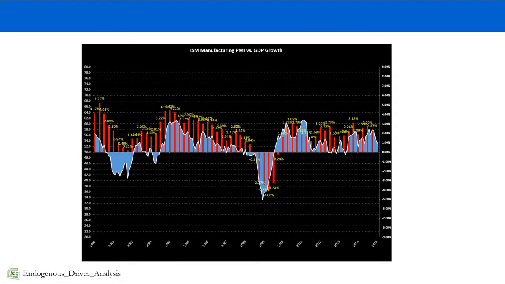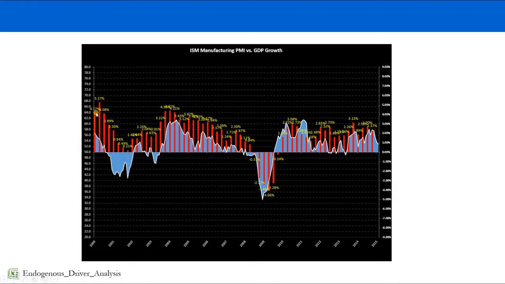So what we've got here is a chart which shows the ISM data going back to the year 2000 and leading right up to the present day. And you can see the ISM data with the white line, and the area under and above the white line is filled in to give you a sense of the magnitude of these moves.